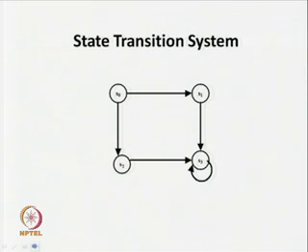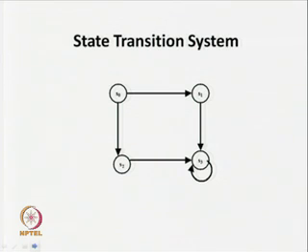Basically it says that my system is in a particular state, and depending upon the present state and the input sequence, it will make a transition to the next state. Now, we have to represent those transitions when we talk about the sequential circuit, and basically a sequential circuit will be represented by the state transition system or state transition diagram.